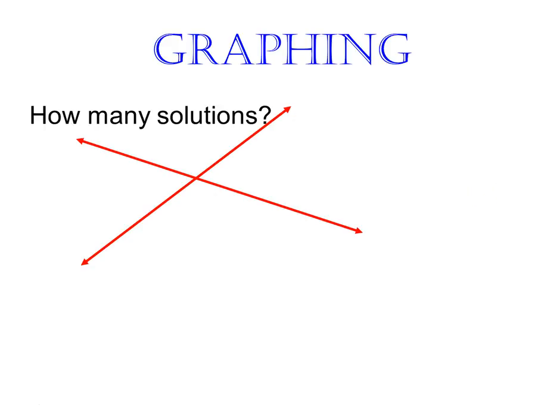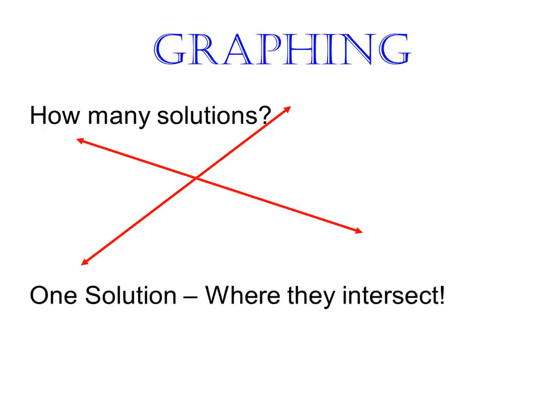Where do you think the answer to this system is? Well, there's only one, and it's right there where they connect, where they intersect. It has one solution, and at that point right there, everything is perfect. Those values will make everything true about the system.